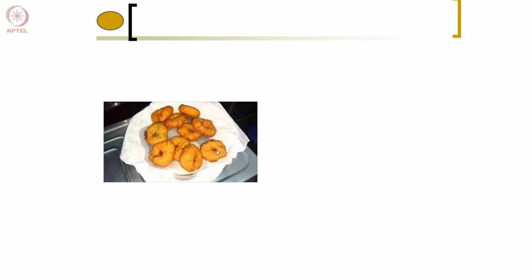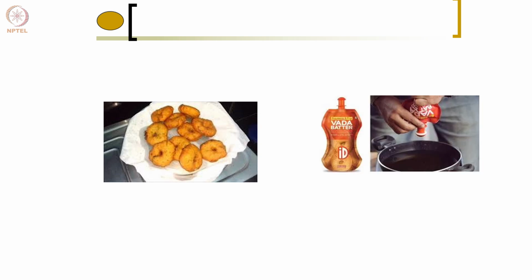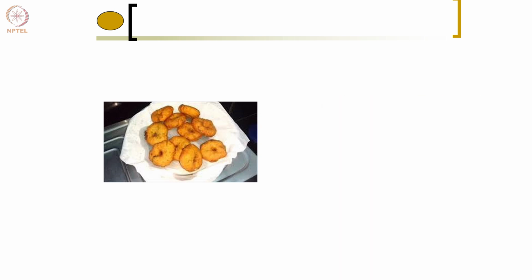So why do we need that hole there? What is the reason? Anybody? Pardon? So basically it will get the center portion properly cooked because you have a larger area for oil contact, right? So making this medu vada is a skilled work. You need to have some skill to do that.